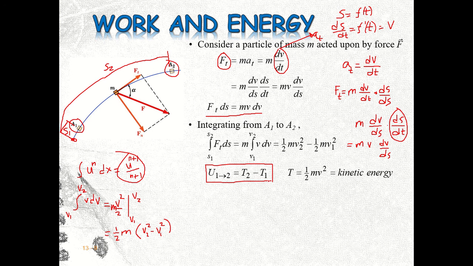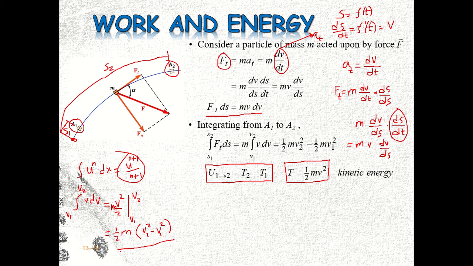Remember that work is just the difference of the kinetic energy between position 2 and 1. And T is equal to 1 half mv squared. So this is the kinetic energy.